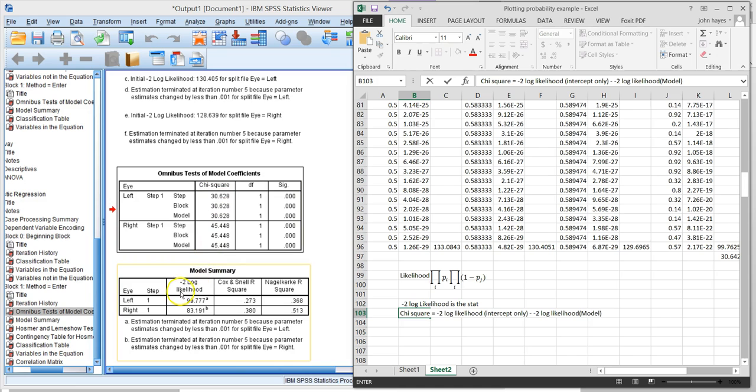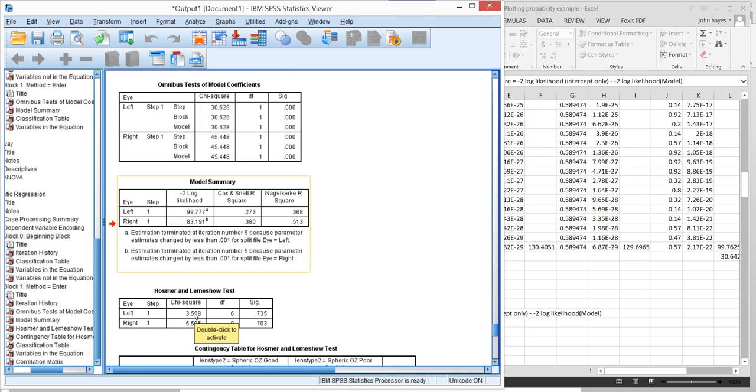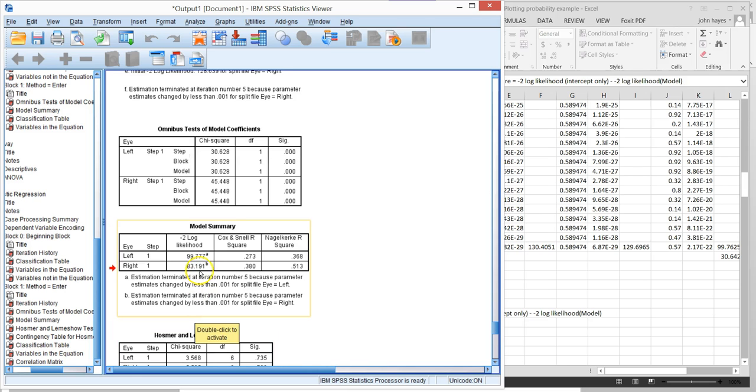In our logistic regression using pupil size to predict either good or poor fitting spherical lenses, we see here there is this statistic under model summary called -2 log likelihood. And so the question is, what the heck is that?